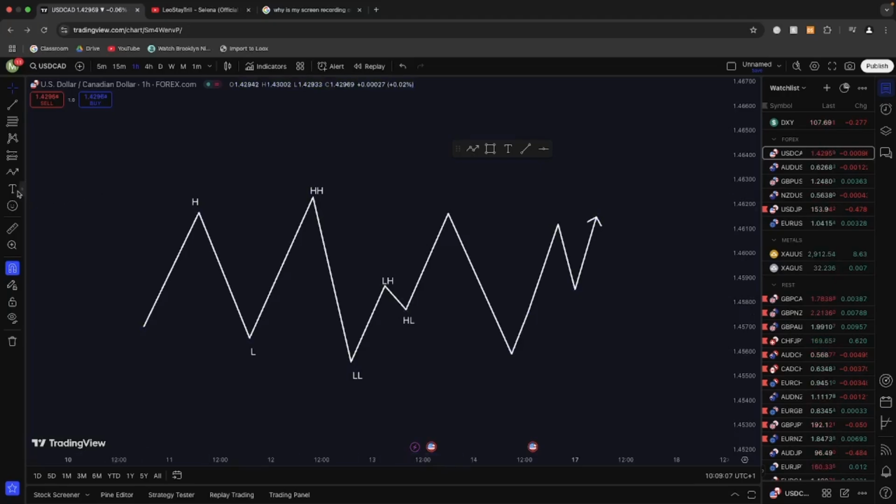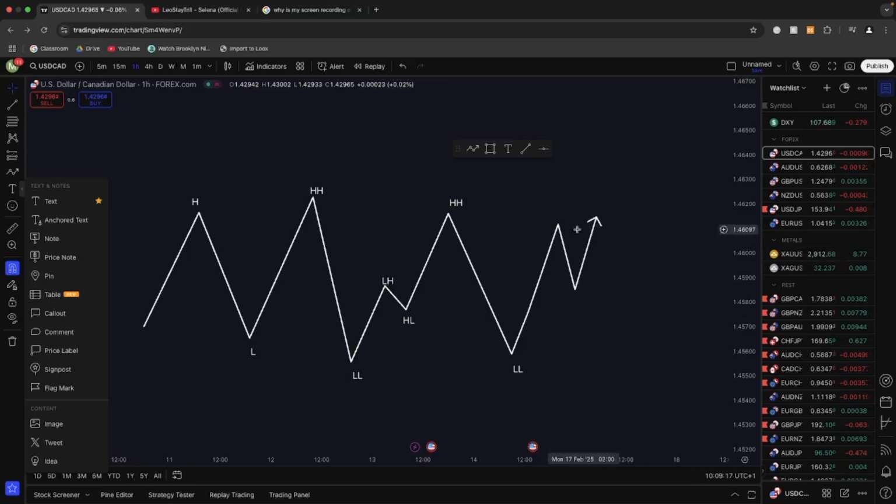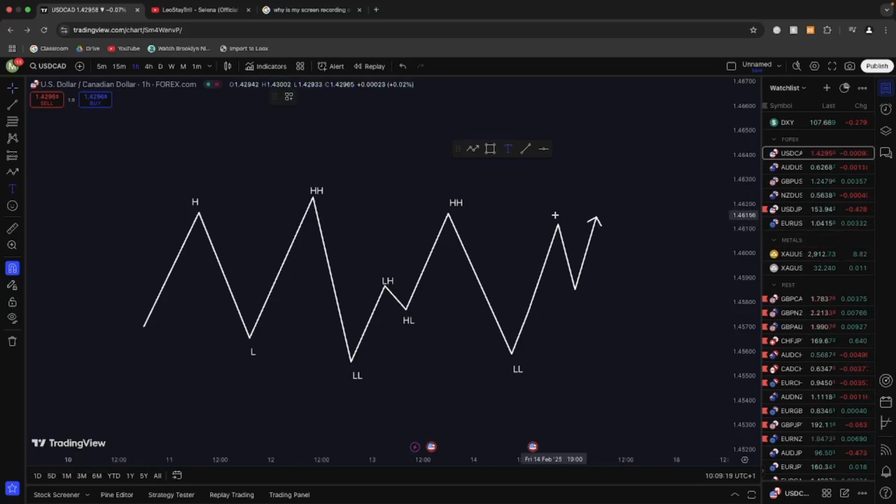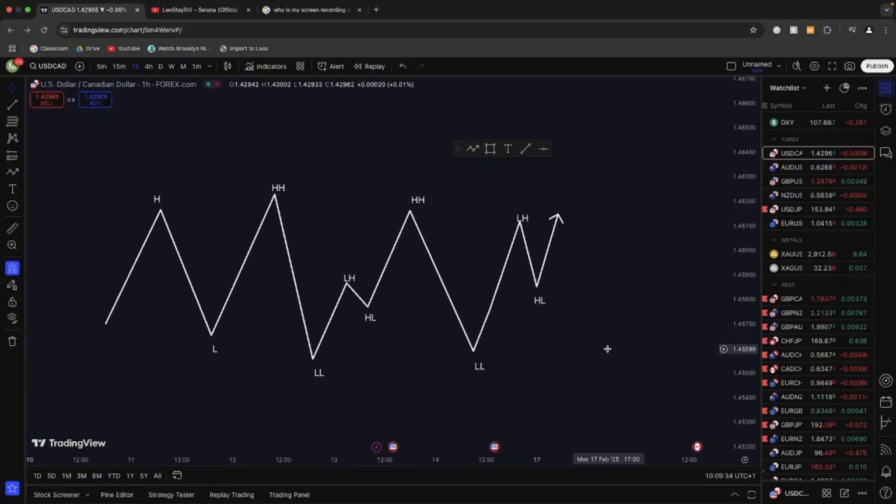Then here we get a higher high, a lower low, then a lower high, then a lower low, then a lower high, then a lower low, higher low, sorry, higher low. As you can see, it doesn't follow any shape. It doesn't follow an uptrend, it doesn't follow a downtrend. It's just moving sideways.